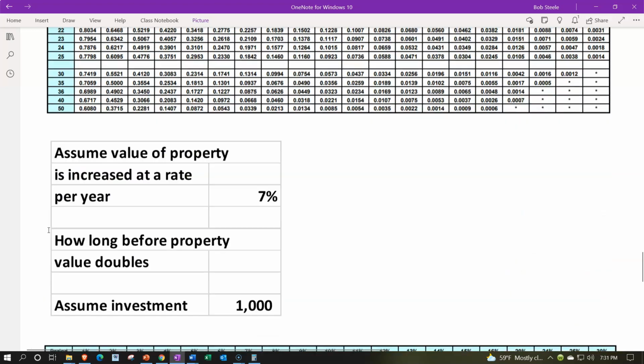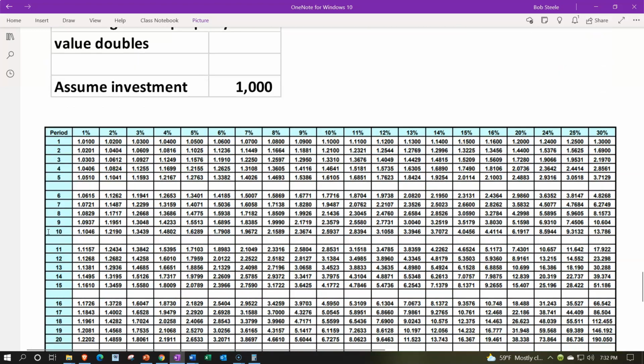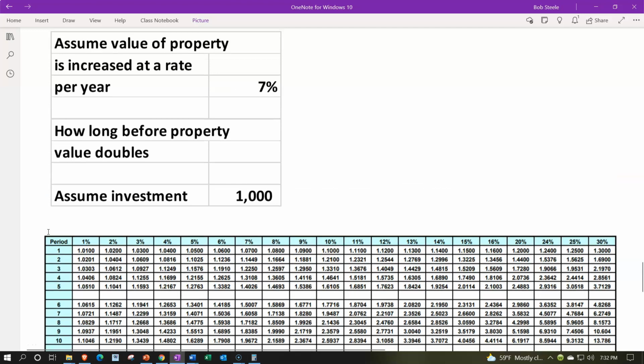We could do a similar type of calculation if we look at the future value table. And so in the future value, what we'd be assuming is this is our starting point, 1,000, and we would want to multiply it times something that we would typically get to from the table to get to the ending point, which in this case we know is 2,000, double of the 1,000. So what would we need to multiply 1,000 by to get to 2,000?